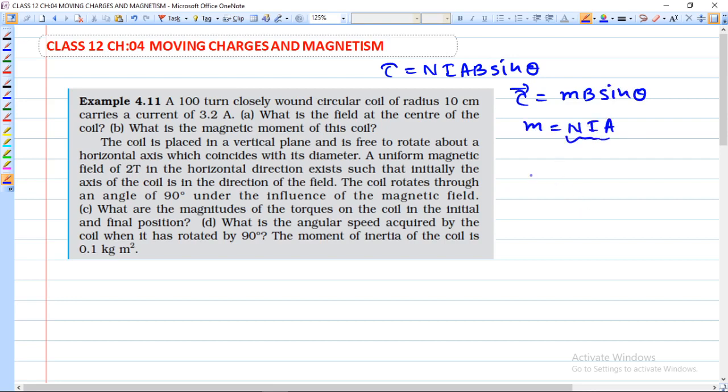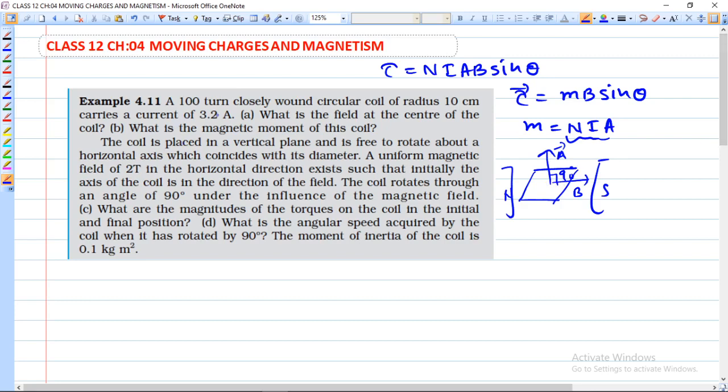And what is theta? This is a coil, this is a north pole, this is a south pole. If this is the area vector and this is the magnetic field, then theta is the angle between them. In this case it is 90, but it can be anything. That much we discussed in the previous lecture.